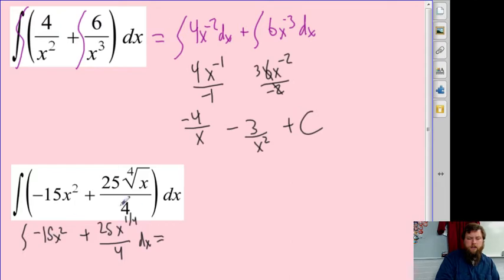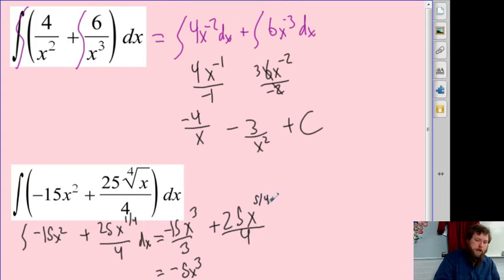Now, integrate the negative 15x squared becomes x cubed, negative 15x cubed over 3. And that is going to become, when you reduce that, negative 5x cubed. Now, for the second part here, it's going to be plus 25, and you're adding 1, x to the 5/4 power over 4. But now you're dividing by the numerator.